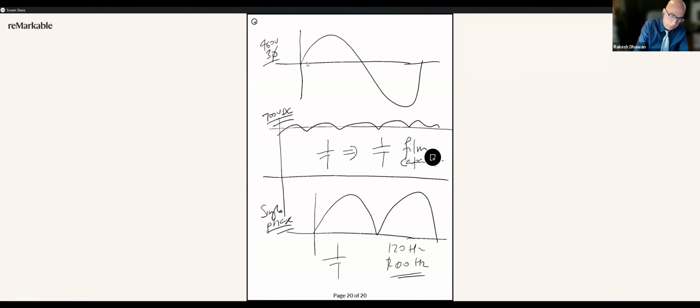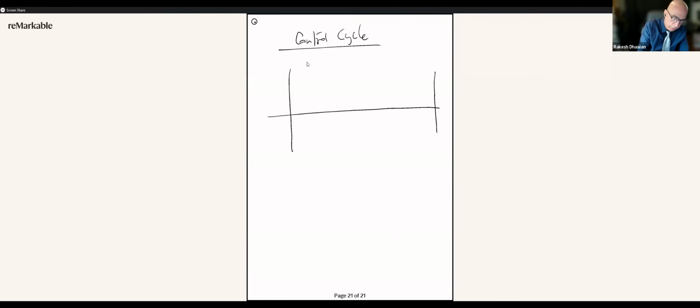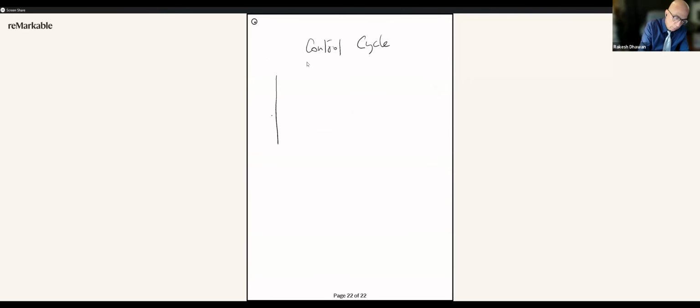Now, another aspect you think about is, what is your control cycle? The control cycle is your DSP cycle or microcontroller cycle. The control cycle doesn't have to be fast. You can have a control cycle which is distinct from the PWM cycle, right?